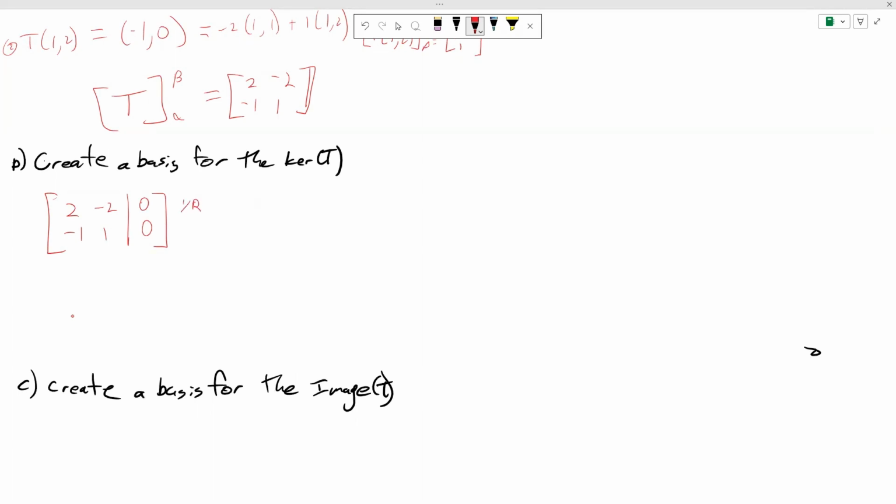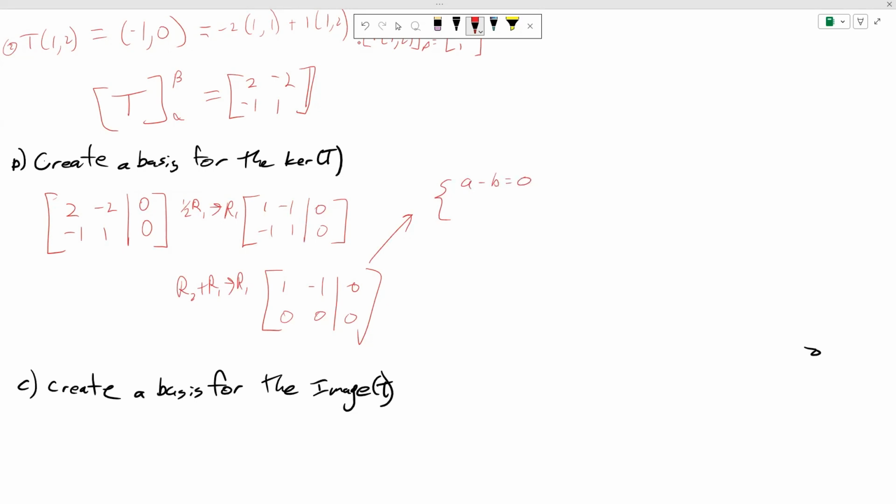So R1 replaced by half of R1 gives us 1, -1/2... then R2 plus R1 replacing R2 gives us [1, -1, 0; 0, 0, 0], giving us the equivalent system of equations, A minus B equaling 0, and 0A plus 0B equaling 0.